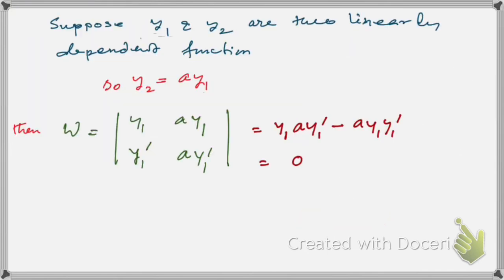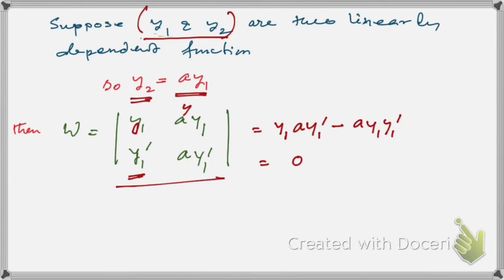So here you see, suppose we have taken two functions y1 and y2. They are linearly dependent. So y2 must be some non-zero multiple of y1. Then the Wronskian is given by this determinant. As we have taken two functions, we have to take here y1, then the first order derivative of y1, that's enough.